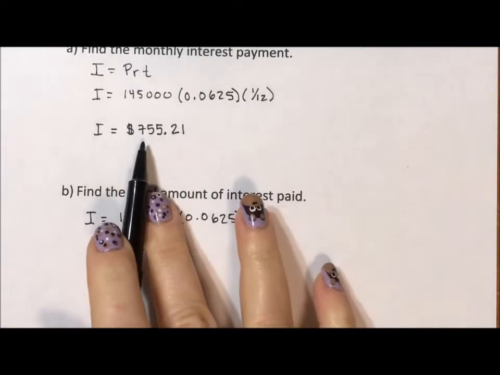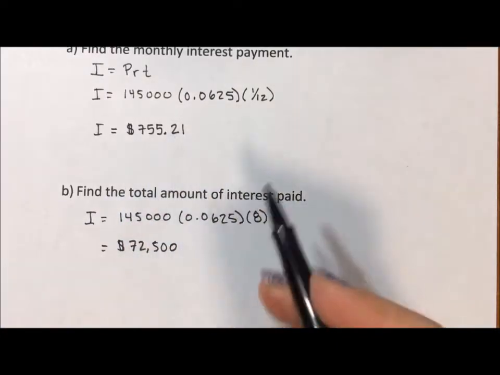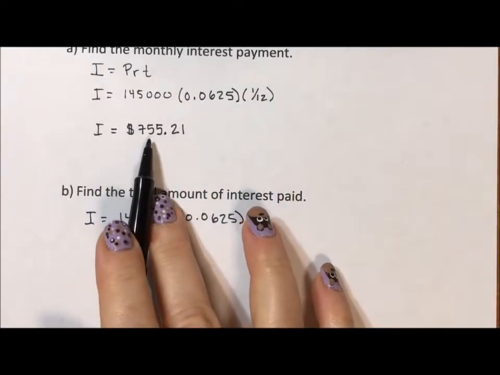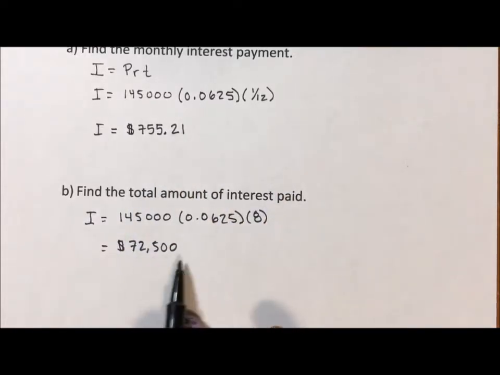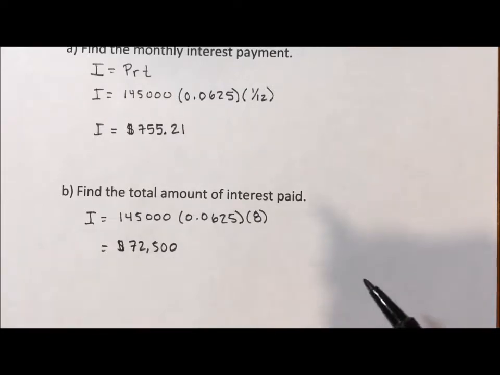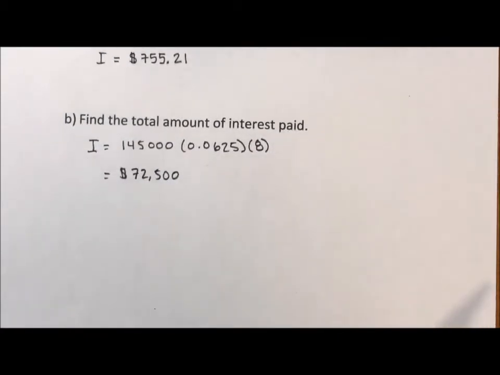However, I have this number actually buffered into my calculator. If I type this times 12 to get to yearly times 8 for 8 years, I'll get this exact same number. But if I've cleared my calculator out and I'm retyping things in and I think, well, I have this number right here, I may as well use it.